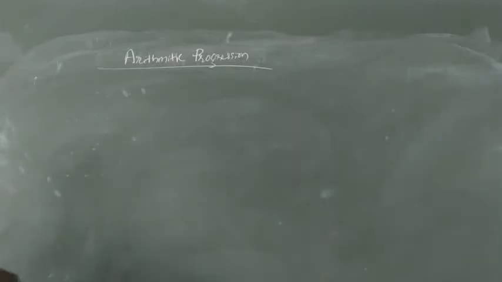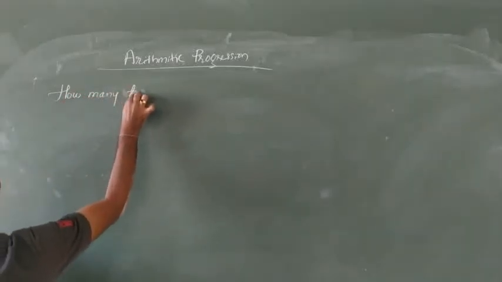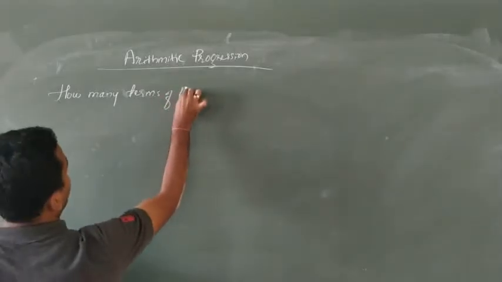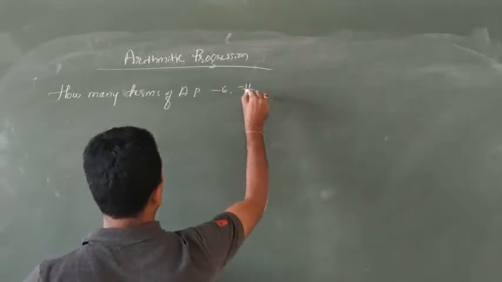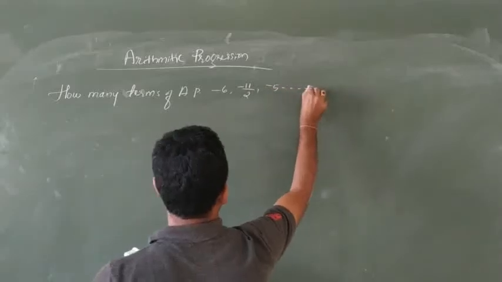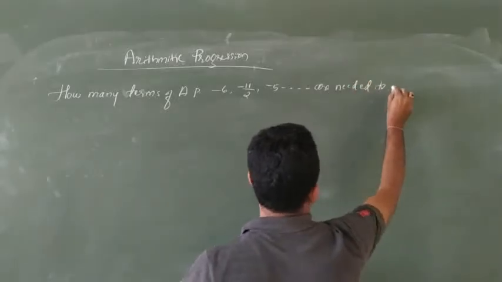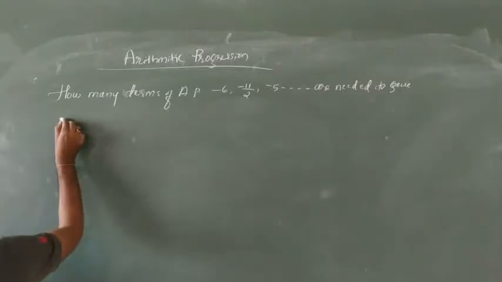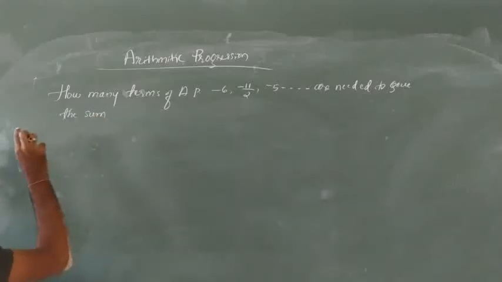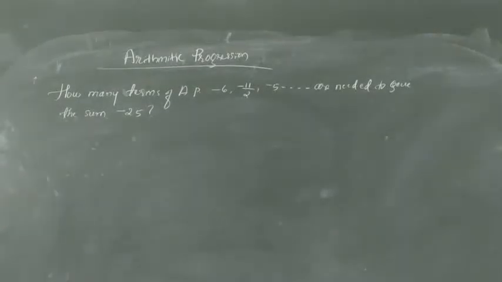The next example: how many terms of the AP minus 6, minus 11 by 2, minus 5 are needed to give the sum minus 25? Okay.